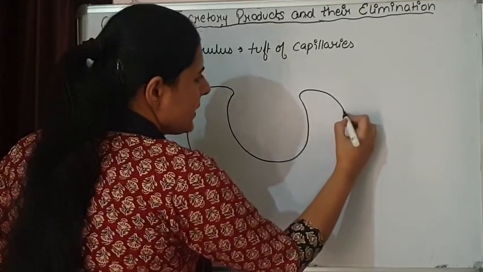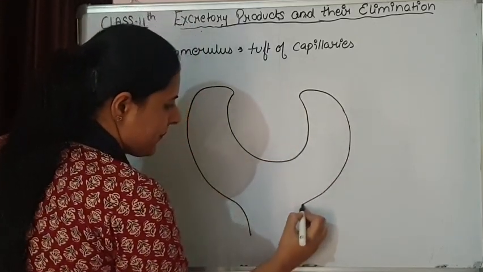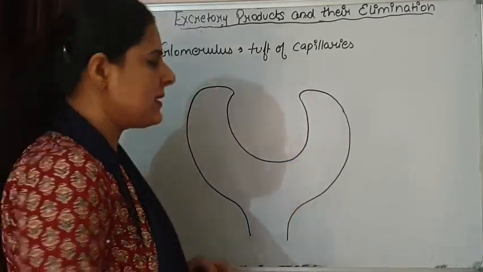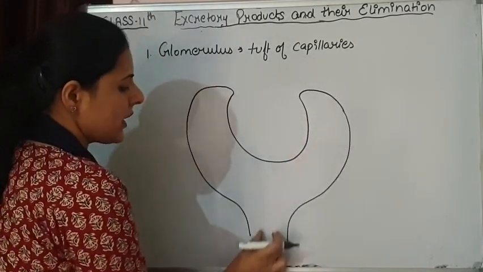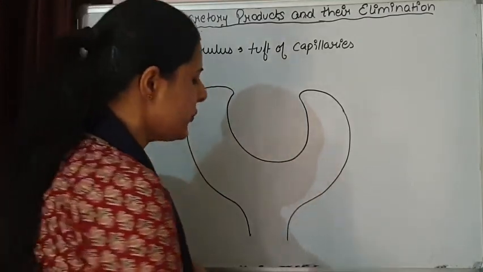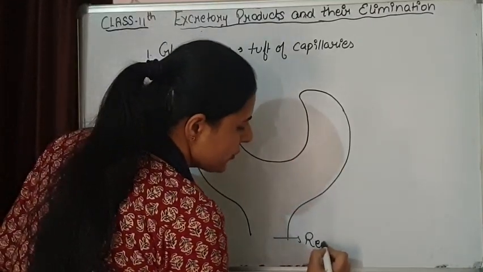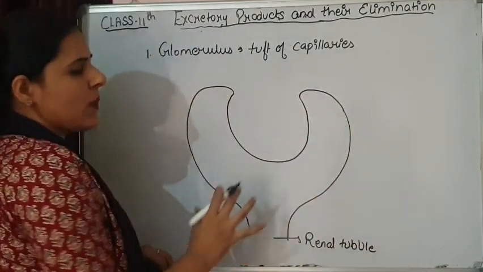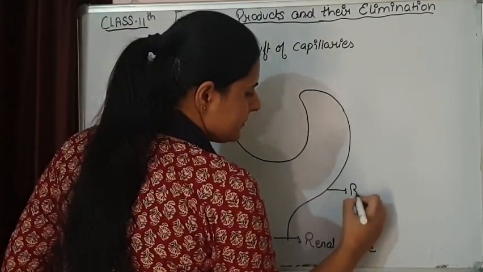This is Bowman capsule. Two membranes, outer and inner, are present, and this lumen is in continuity with the renal tubule. Over here, renal tubule is starting, and this is Bowman capsule.